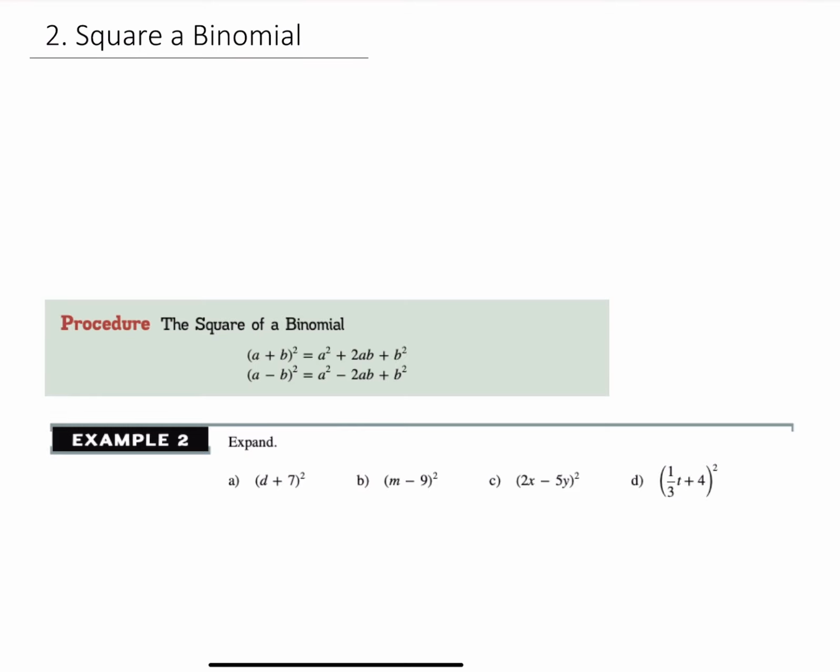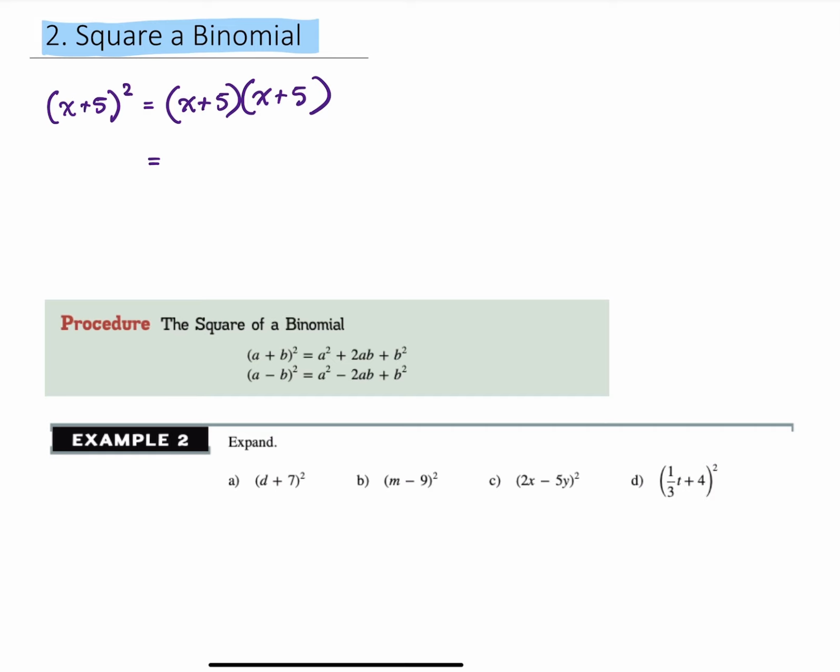Okay, we can also generate a special pattern for the square of a binomial. That would be something like x plus 5 squared. Something times itself. So let's see what this would be like just multiplying it out all the way. We can write this as x plus 5 times x plus 5.